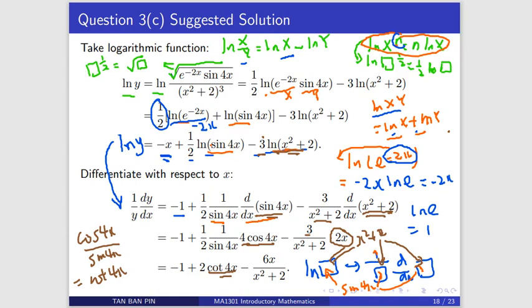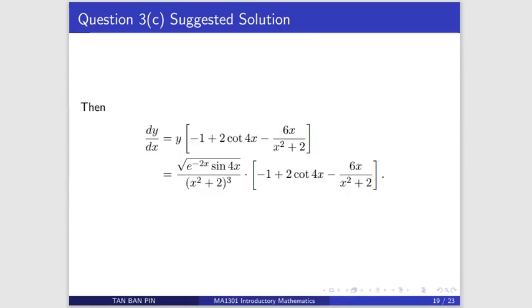With that, you just need to multiply y to the right hand side. 1 over y dy/dx is just these three terms, so in the next slide you just multiply y to the right hand side. It's y times the three terms you get, and y you replace by the square root of e power minus 2x sin 4x over x squared plus 3.